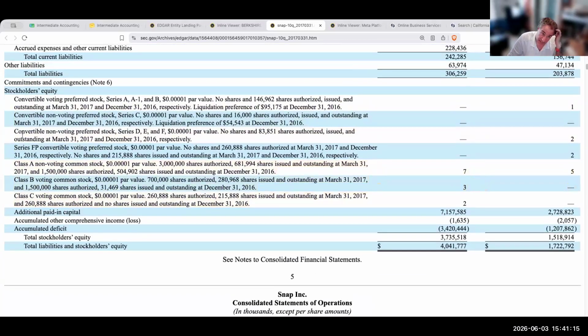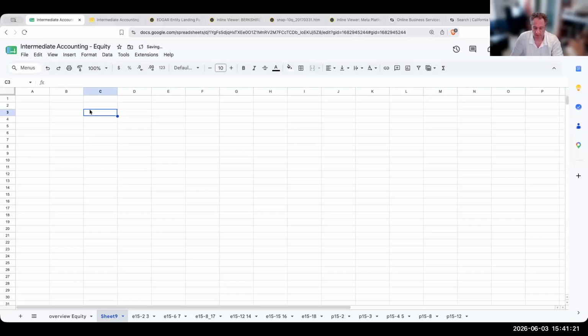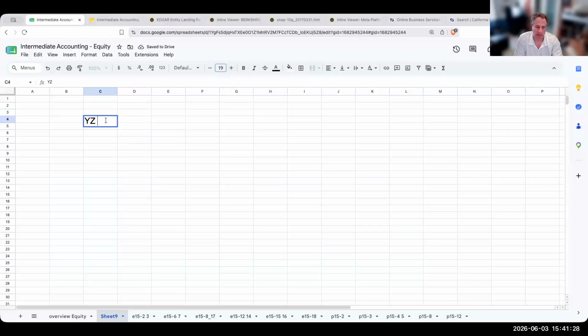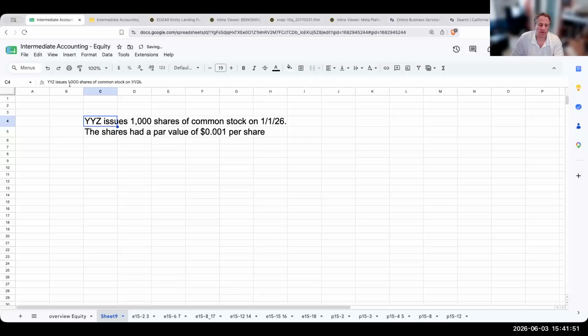So, additional paid-in capital. To give you a really basic example and keep it simple, let's say YYZ issues 10,000 shares of common stock on 1/1/2026 for $15 per share.